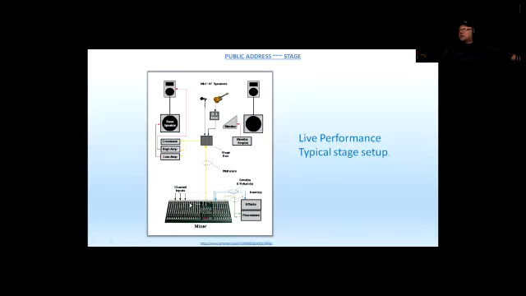So if it's a 16-channel snake, you're going to have 16 lines, well, 32 wires or conductors, each line consisting of the ground reference and the positive terminal.